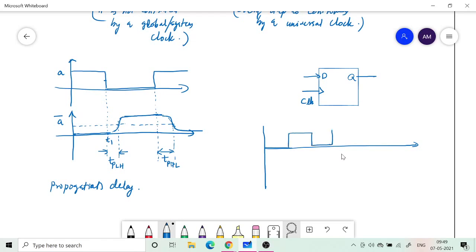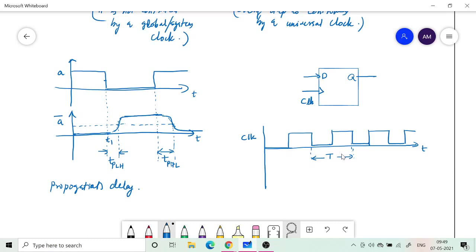It stays at 0 for a time and then goes to high, and this keeps on repeating. The duration for which it remains in the low state and the high state is called the time period. All these waveforms are with respect to time. So this is our clock.